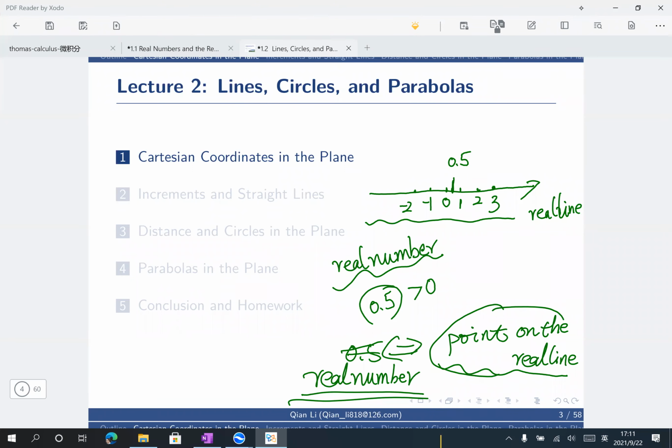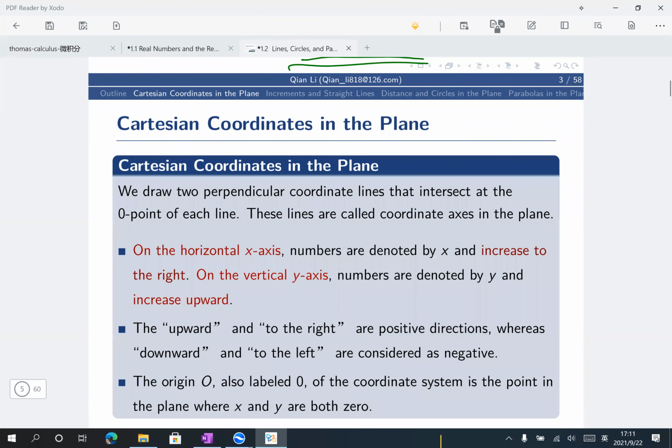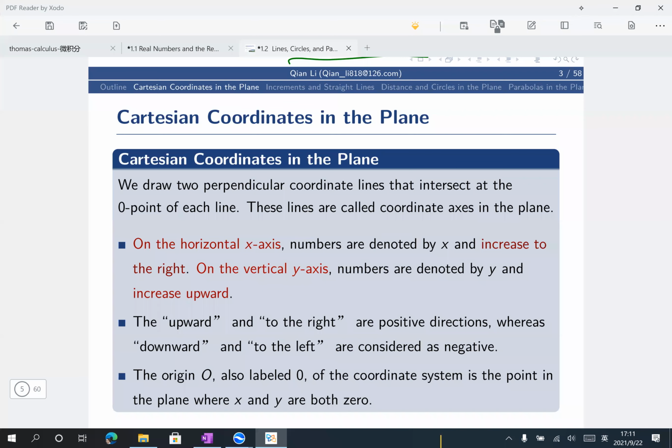And then, if there is a point in the plane, how can we identify it? We will study the Cartesian coordinates in the plane.